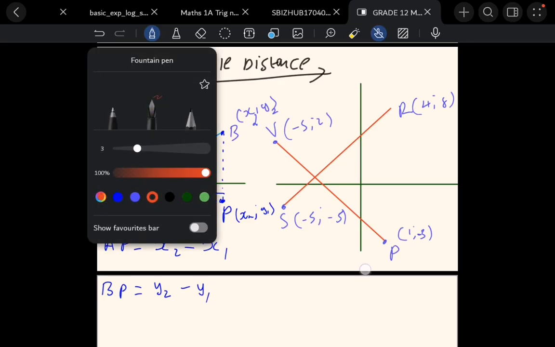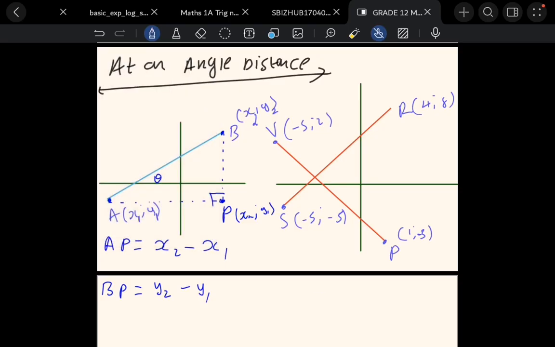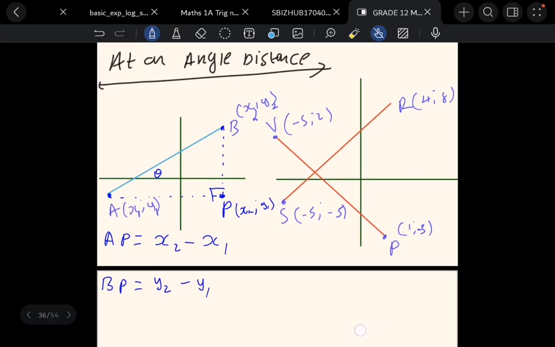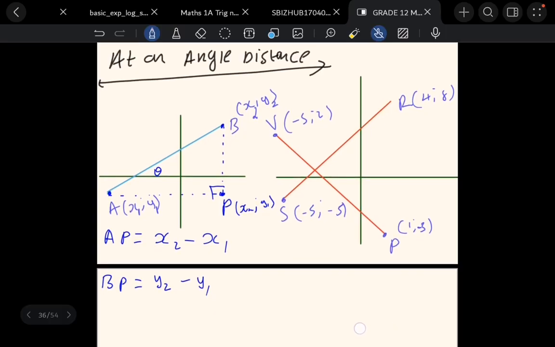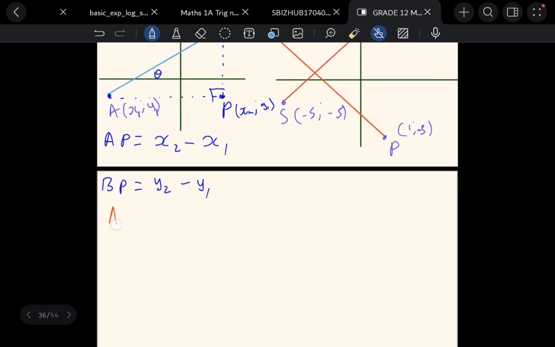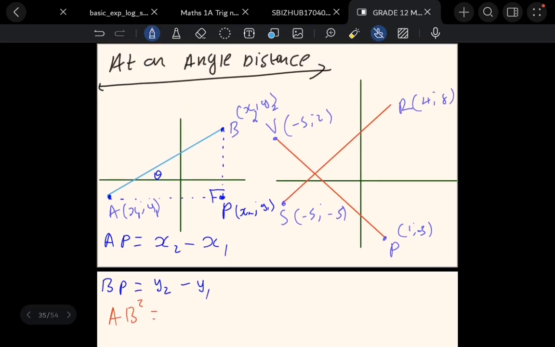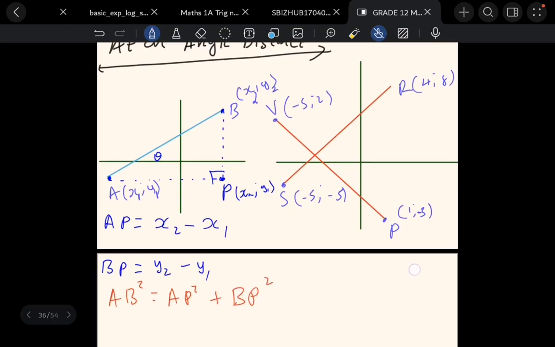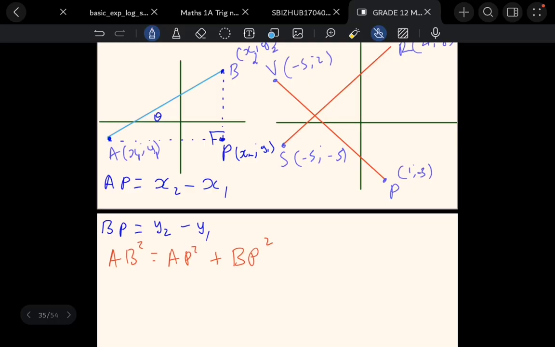Now, the distance AB. I need to write in a triangle. So using the theorem of Pythagoras, AB squared is equal to AP squared plus BP squared. But we want AB, so we take the square root on both sides.